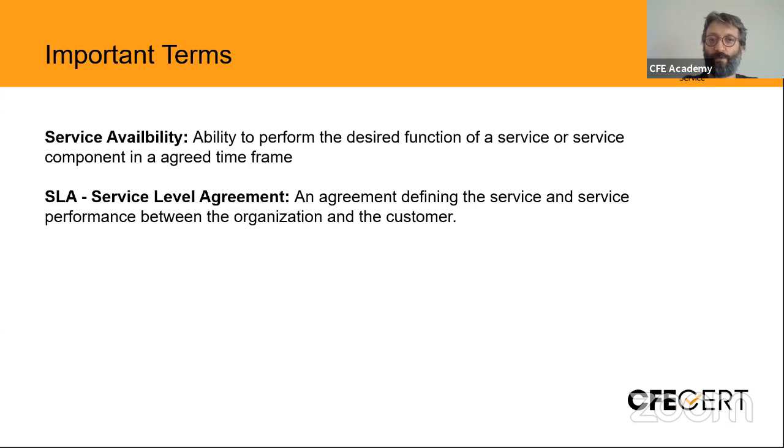Availability means a desired function of a service is up in an agreed time frame, which can be based on different formulas and can be shown as a percentage. So our service is 99.5% up for the last 3 months based on 24/7 working hours and calculation of minutes. Okay, so this is an availability.